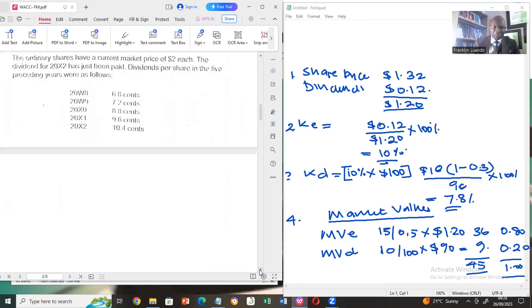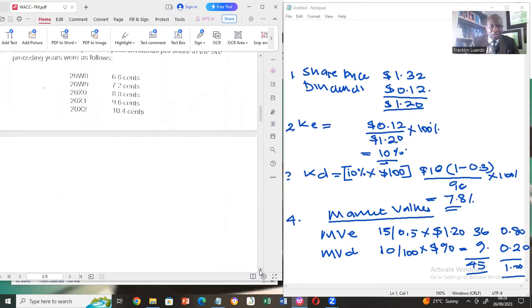The WACC, by the formula, is denoted by KO.